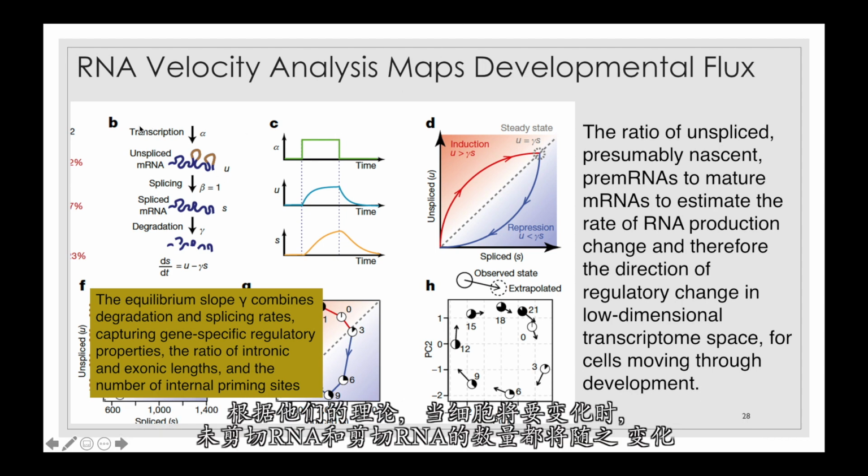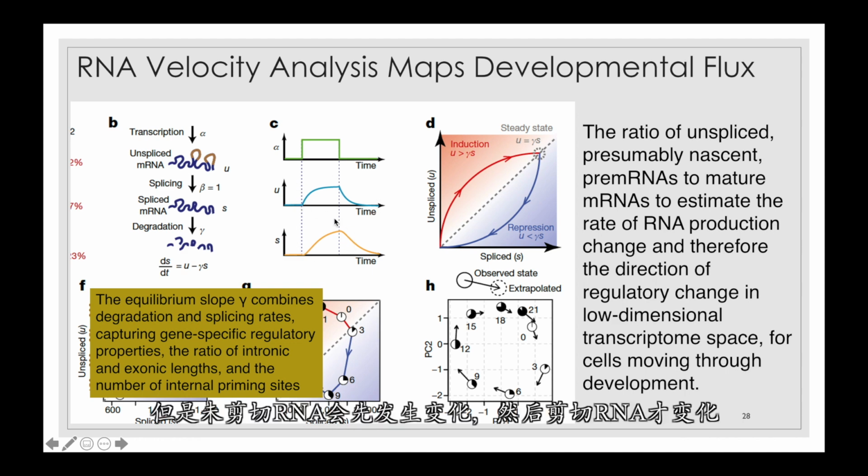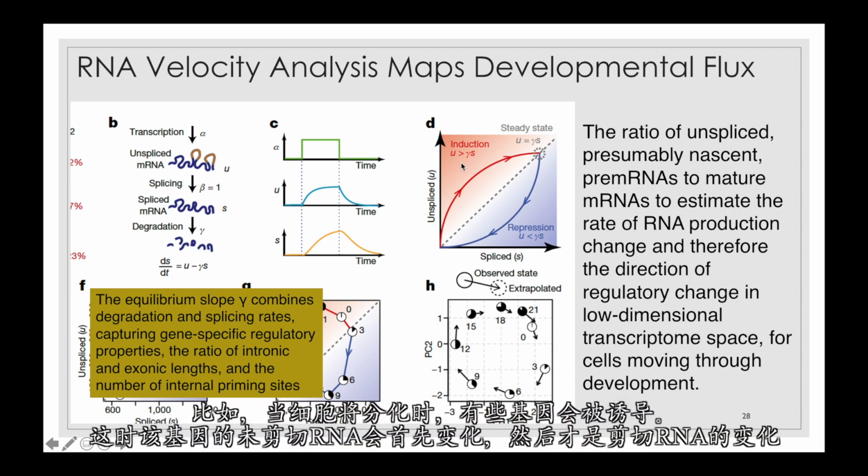According to their theory, when a cell is going to change, both the unspliced and spliced mRNA will change accordingly, but the unspliced RNA will change first, and the spliced RNA changes after that. So for example, if the cell is going to differentiate, some genes will be induced.